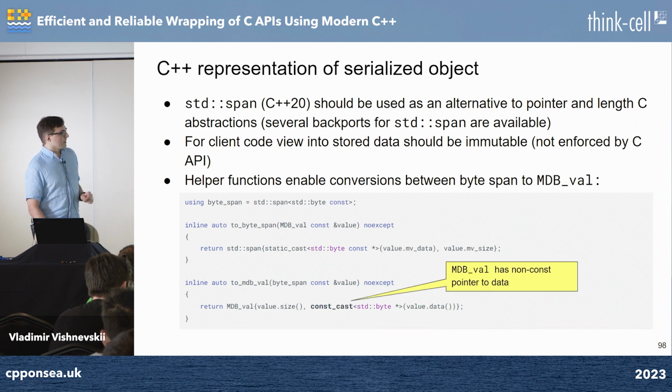We also handle the issue that this pointer is not constant. The LMDB functions guarantee not to modify the data when we provide, for example, a key to find the value, but we always have to provide them as non-constant. We do not want that to be visible for the client, so we handle this here and hide it.